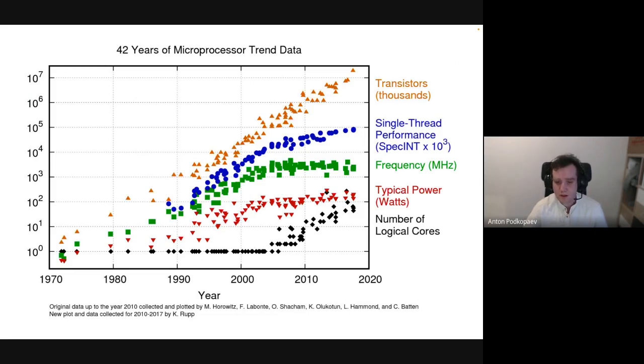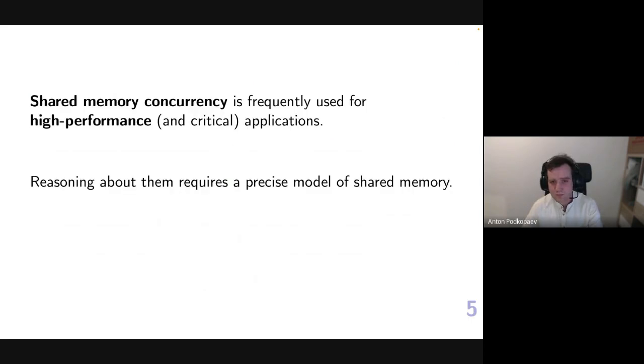As we can see from this graph, starting from around 2005, frequency stalled. There is no increase in CPU frequency as there used to be, but CPUs got more and more logical cores. So it means that concurrency, and especially shared memory concurrency, is required for your applications to be high performance.